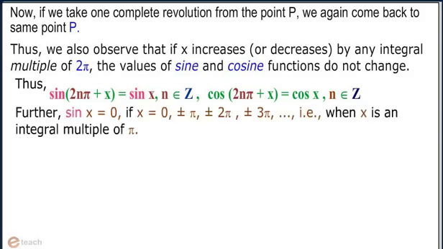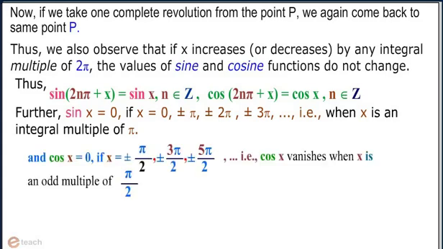Further, sin x equals 0 if x equals 0, x equals plus or minus pi, x equals plus or minus 2 pi, and so on. That is when x is an integral multiple of pi. And cos x equals 0 if x equals plus or minus pi by 2, plus or minus 3 pi by 2, plus or minus 5 pi by 2, that is, cos x vanishes when x is an odd multiple of pi by 2.